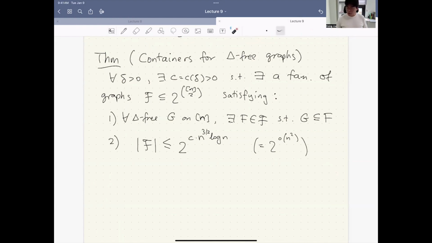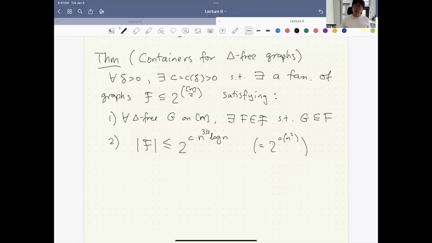Actually, this weaker bound is enough for our purpose, but sometimes this stronger bound is useful for some transference, for some probabilistic results. There are very few containers. Why is this few? Well, the total number of graphs, a typical graph has this many edges, so the order of magnitude of the number of graphs is 2 to the n squared. So here this 2 to the little o of n squared is a negligible amount.